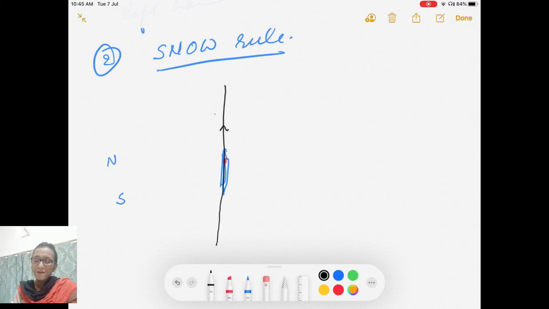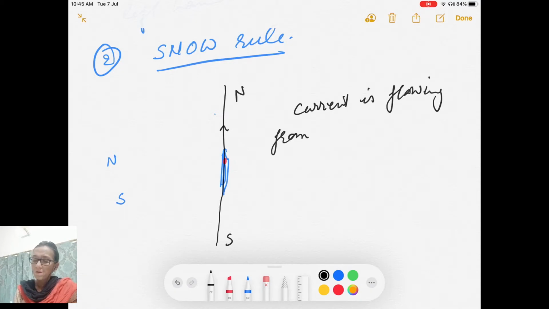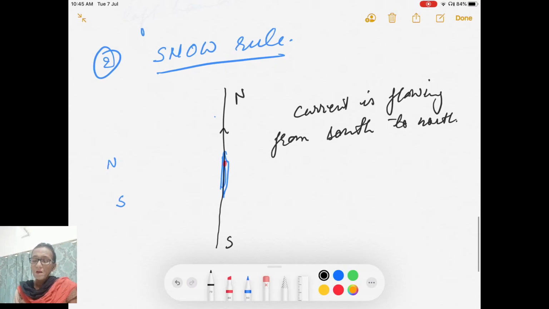Then the deflection of the needle. Current is flowing from south to north, and the wire is kept over the compass needle.